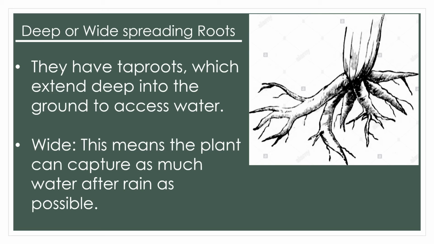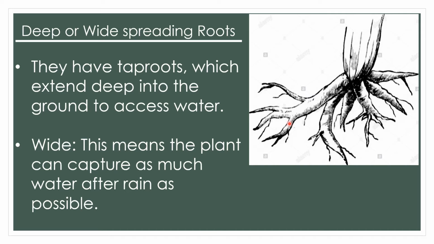Another adaptation is that it has deep or wide spreading roots. They have tap roots which extend deep into the ground to access water. So here, they need water, and this maximizes water uptake.